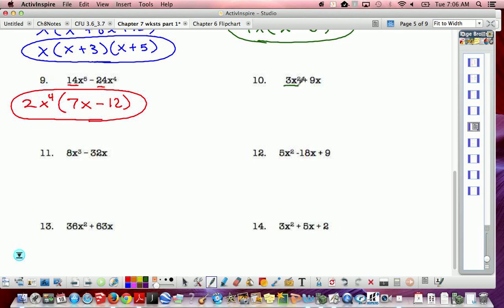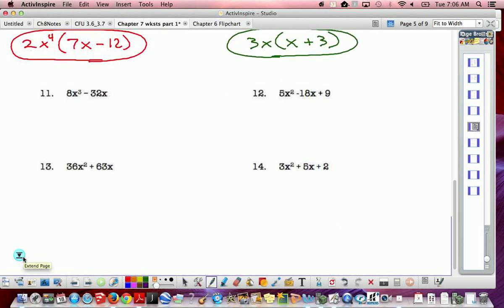This one, they share a 3 and an x. So I'm left with just x plus 3. Now, one of the things you can do, which I really haven't been doing here, is redistribute and check, do I get my answer? It's a great way to do just a quick check just to make sure everything is correct.